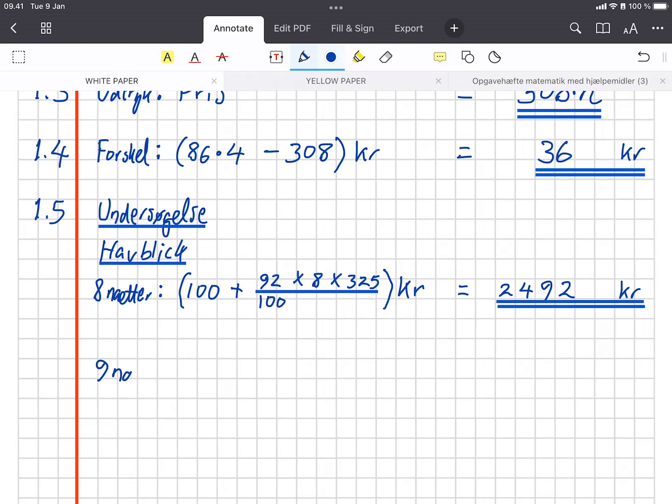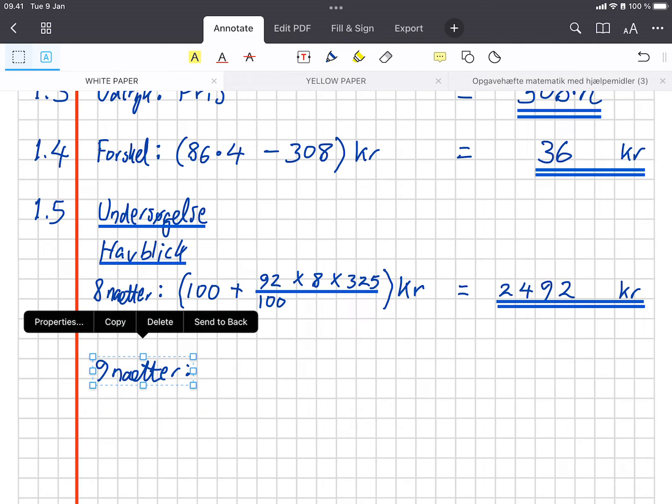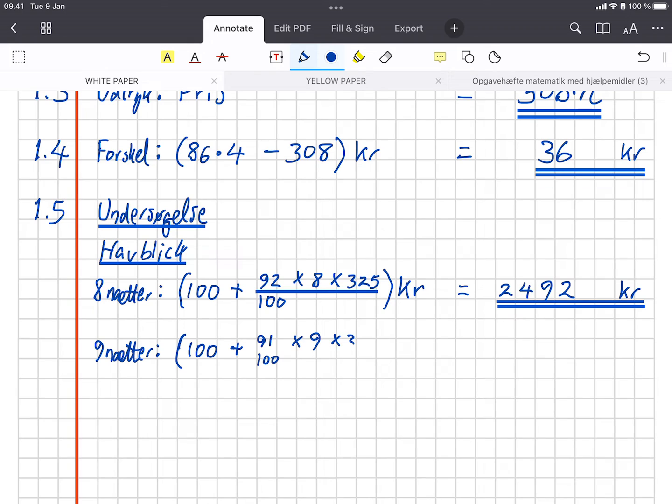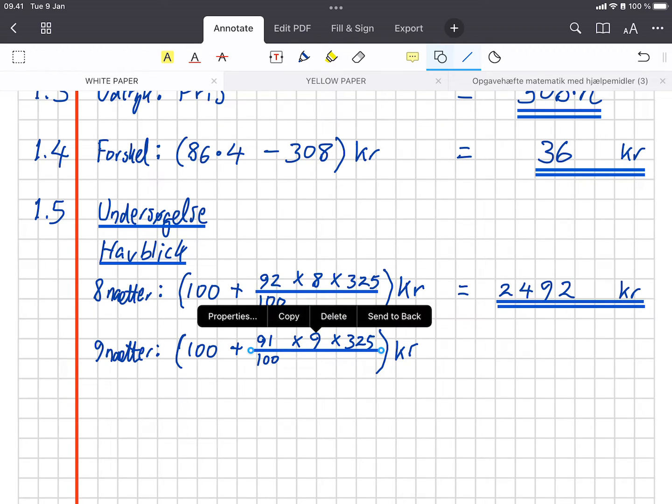So 9 nights are going to cost, let me just take that, 9 nights and squodge it up, and I guess it'll look just about right on that line. So the 9 nights were costing 100 for the card plus, and then it was 91% because of the discount, times 9 nights times 325, close brackets, krona, and put the nice neat line in for the fraction.